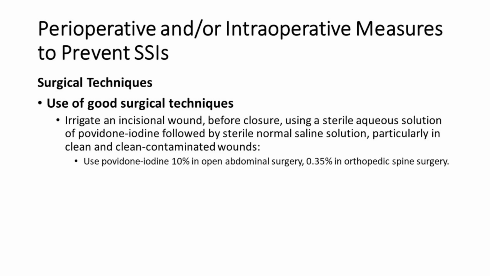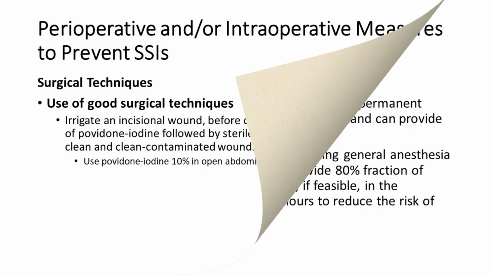Irrigate an incisional wound before closure using a sterile aqueous solution of povidone iodine followed by sterile normal saline solutions, particularly in clean contaminated wounds. Use povidone iodine 10% in open abdominal surgeries and 0.35% in orthopedic spine surgeries.